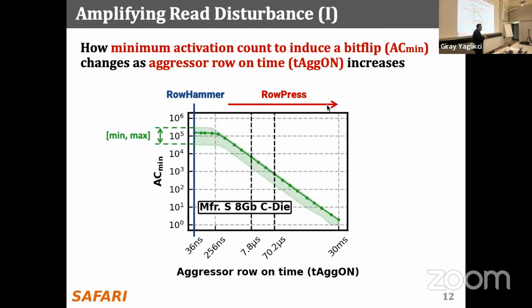And as we go from left to right, we actually have first a mixture of RowPress and RowHammer, and it goes to RowPress later on. And you can see actually in the first part, there's some plateau until this point. And then you see that the minimum activation count needed decreases a lot. So that's where RowPress becomes more dominant.